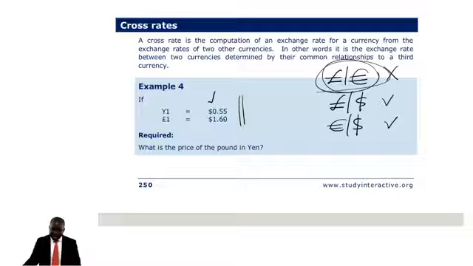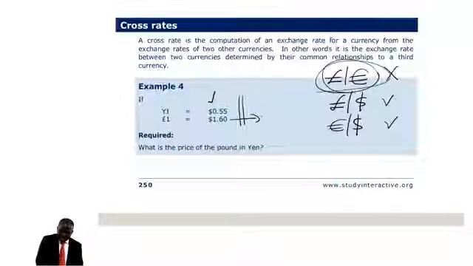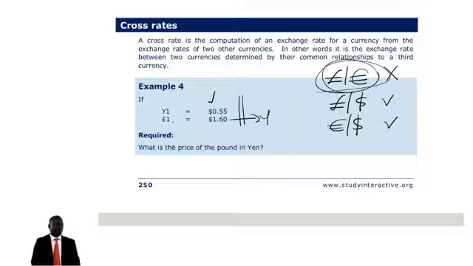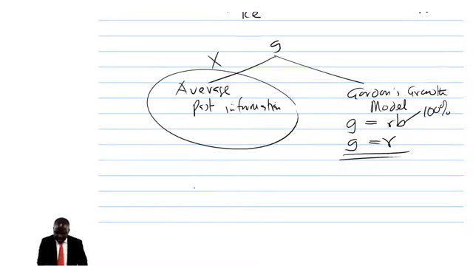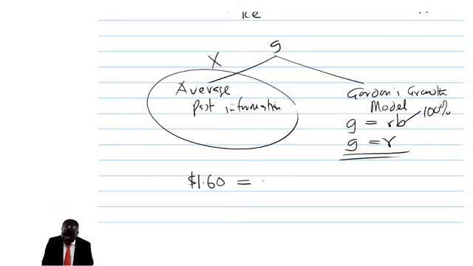So if I am able to get $1.6 in yen equivalent, that $1.6 in yen equivalent will be equal to the 1 pound, because $1.6 is equal to 1 pound. So I can do this proportion as this: if $1.6 is equal to 1 pound, which I don't know its equivalent in yen, and $0.55 is equal to 1 yen.